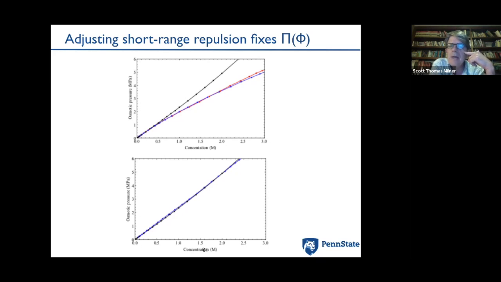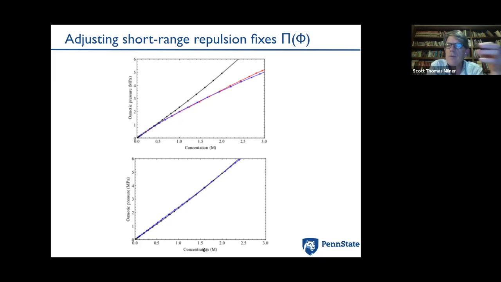And what's happening basically is that the ions are just a little bit too attractive for each other. And so they're tending to cluster. And if they cluster, then they are not running around as independently and therefore don't make as much osmotic pressure. Well, so if you want to adjust that, you make the ions ever so slightly more repulsive for each other in terms of their short range repulsion so that they can't cluster as much.